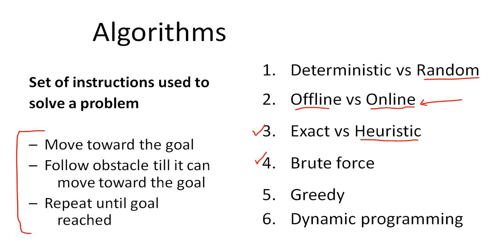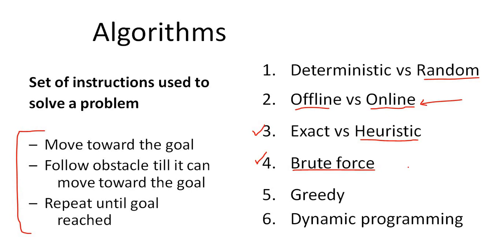After that, we have brute force algorithms. Brute force algorithms are, I would say, naive kind of algorithms. What they do is try every possible solution, and then pick the best solution. That's why they are very computationally expensive.